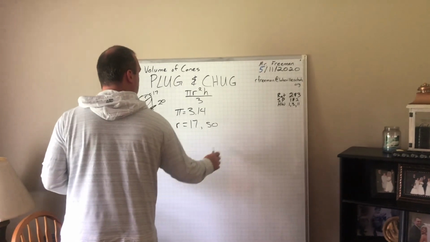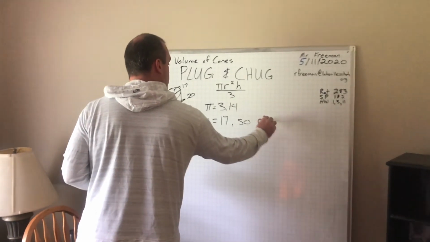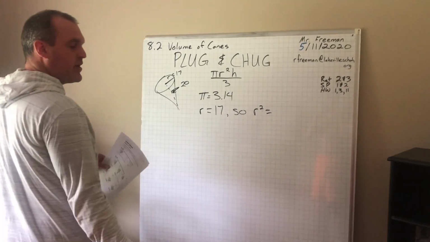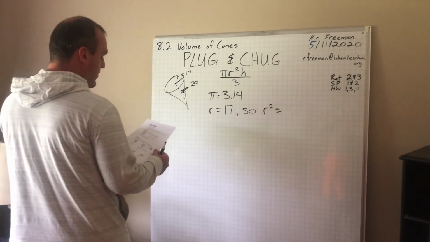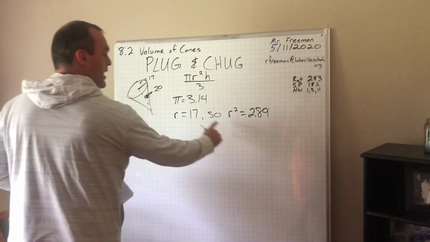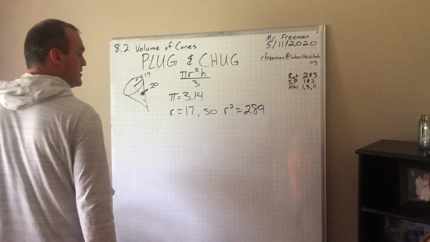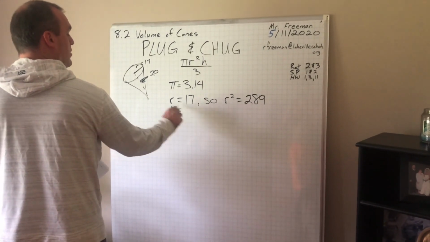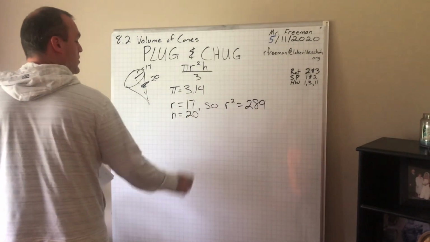So we don't want just the radius, we want the radius squared. Well, 17 squared, and again you're going to want to use your calculator a lot on these, but 17 squared is 289. 17 times 17 is 289. We know our h equals 20, they give it to us.